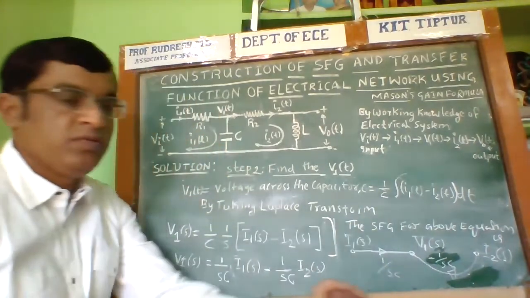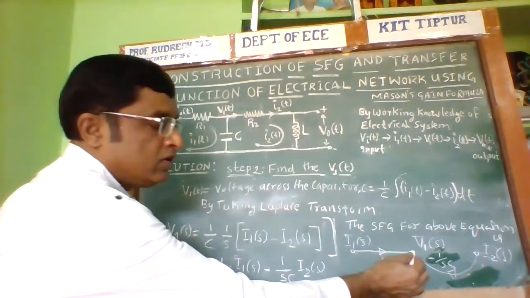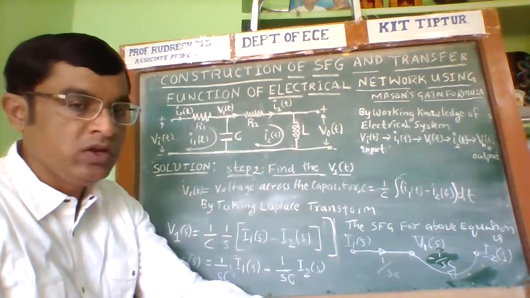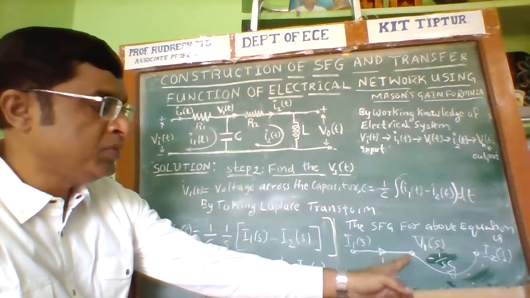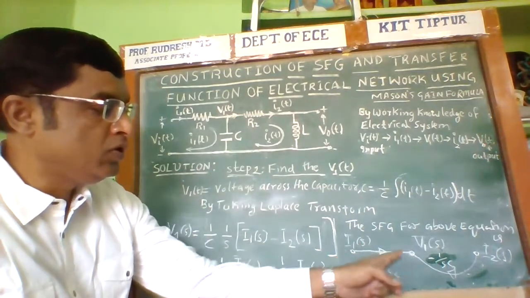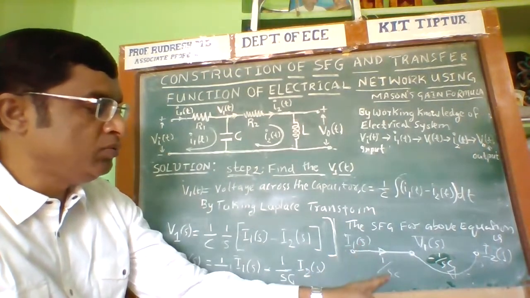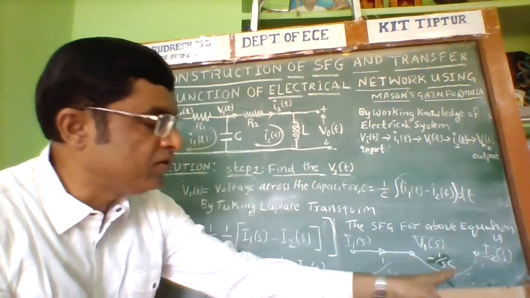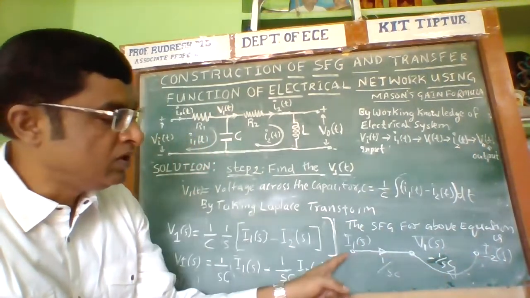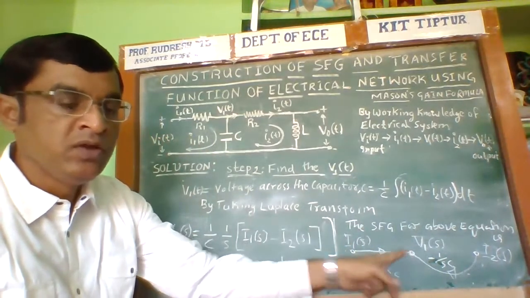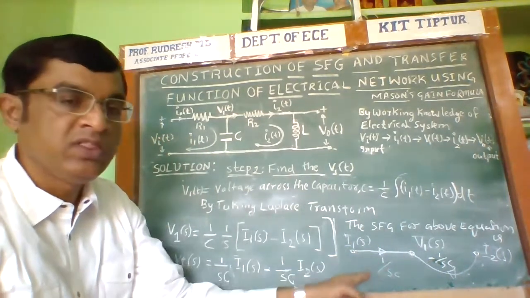Now, what is the signal at this particular node? It is the sum of the input signals: I1 of S into 1 by SC plus I2 of S into this transmittance. When the signal I1 of S flows through this branch, I multiply it with the gain.